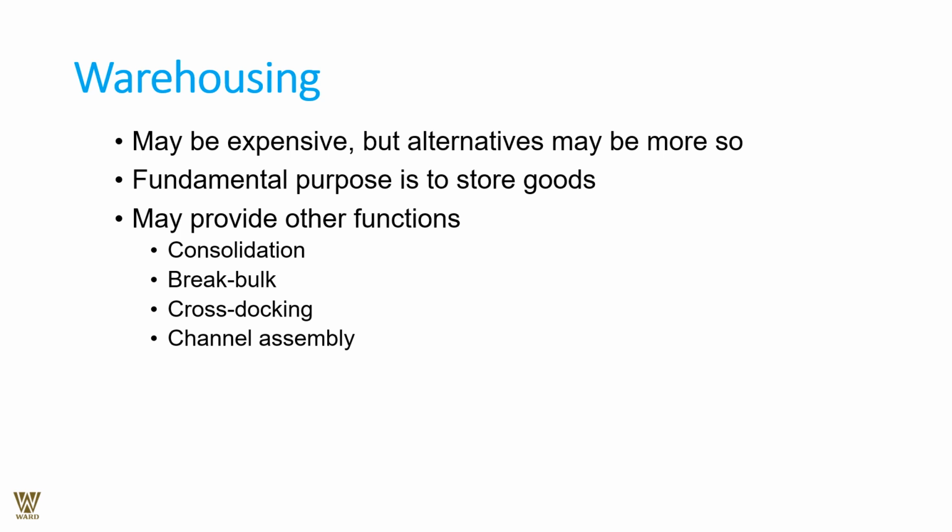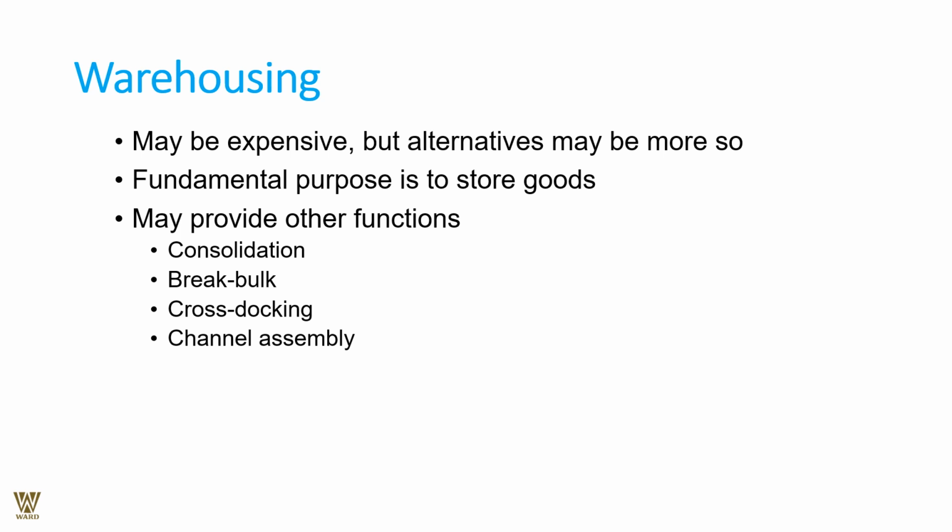Warehousing. It may be expensive, but alternative ways may be found. The fundamental purpose is to store goods, but it may provide other functions, like consolidation, break bulk, cross docking, and channel assembly.